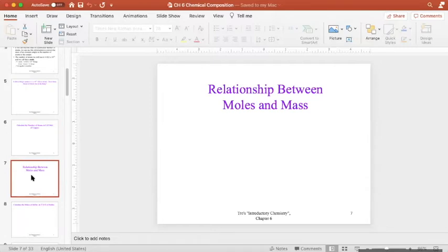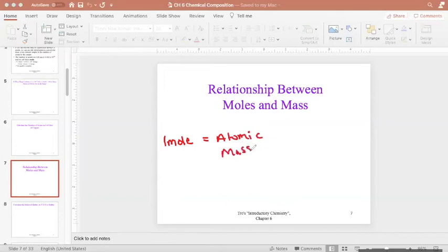Okay. So till now we just worked on the relationship between moles and atoms, right? 1 mole equals 6.02 times 10 to the power 23 atoms. But now we need to know, is there any relationship between moles and mass? Yes, there is. Let me write the relation. 1 mole of an element equals, you can write, the atomic mass.